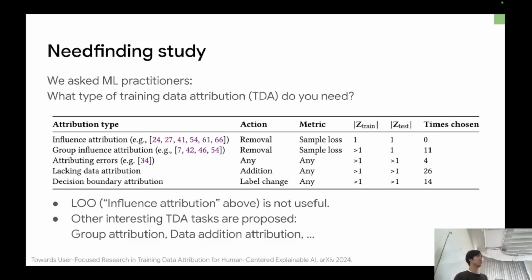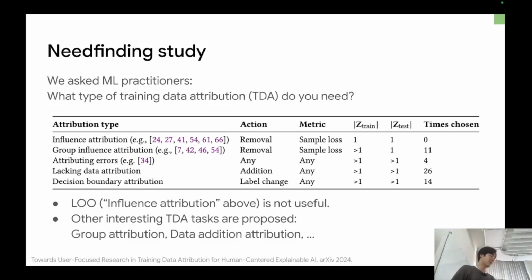They all found training data attribution super useful for debugging the model, because eventually the control you have over the model training is usually the training data. But they don't have the right tool for analyzing the training data to achieve the result they want.